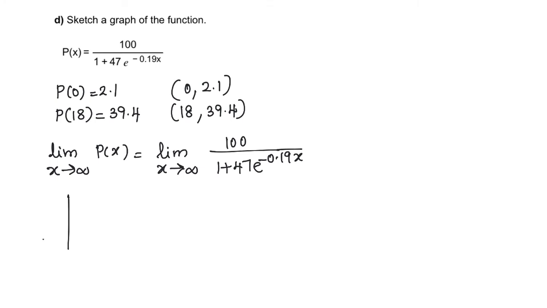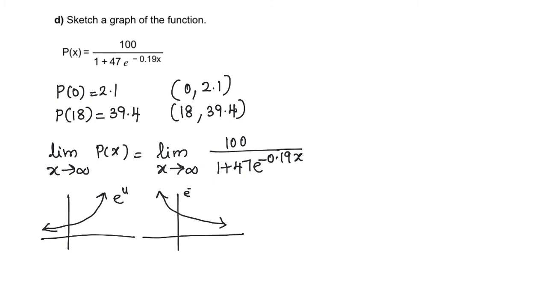If you have e power u, it will be an increasing function. If it is a negative exponent, e power negative u, it will be a decreasing function. Here the exponent is negative, so it will be a decreasing graph like this.